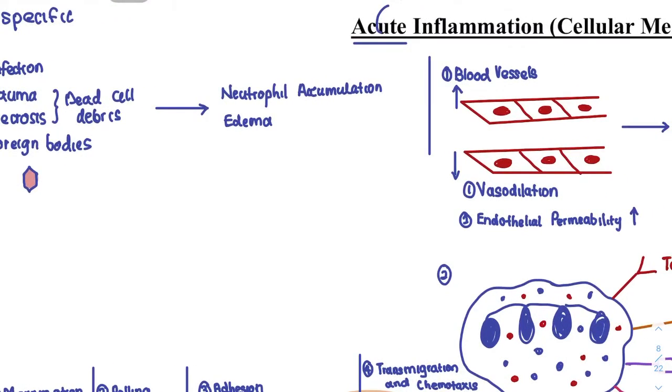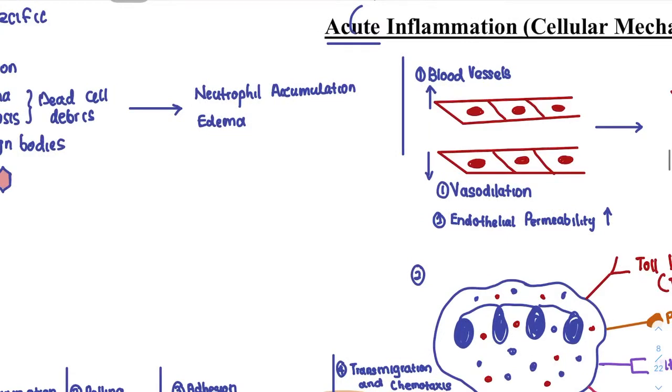So what is the hallmark of acute inflammation? It's neutrophil accumulation, and also edema happens. But if someone asks what is the hallmark of acute inflammation, you need to know that it's the neutrophils. These are phagocytes which accumulate.